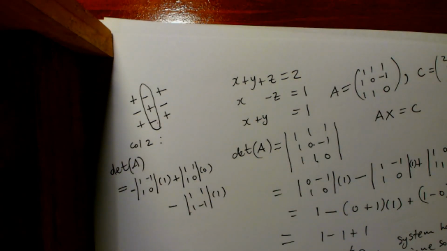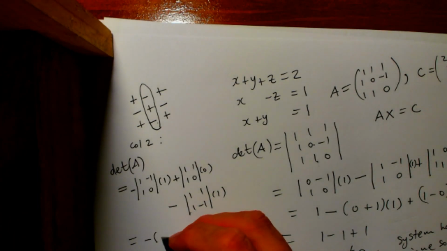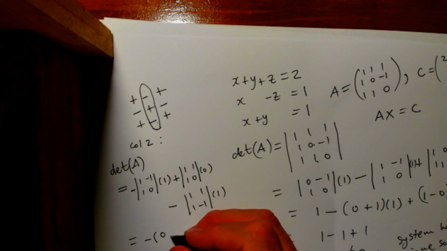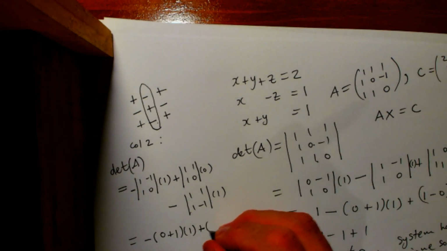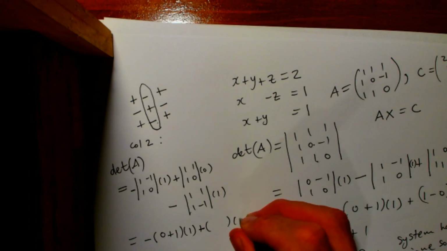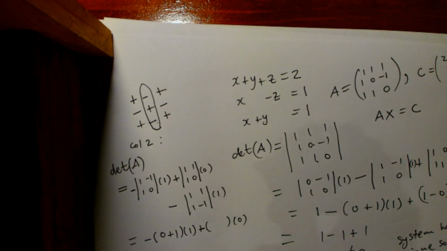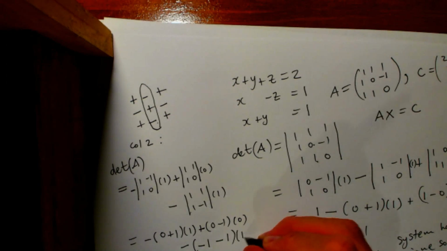Okay, now we simplify this, and we've got minus in brackets, 0 minus minus 1 is plus 1 times 1, and then plus brackets something times 0, so that's 0 minus 1, and then minus 1 minus 1 times 1.